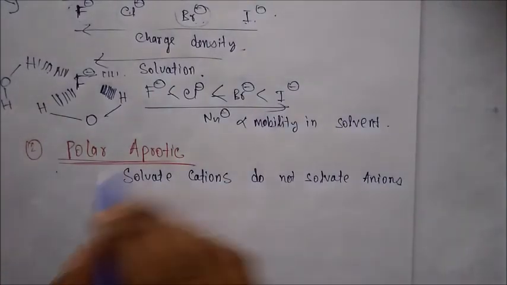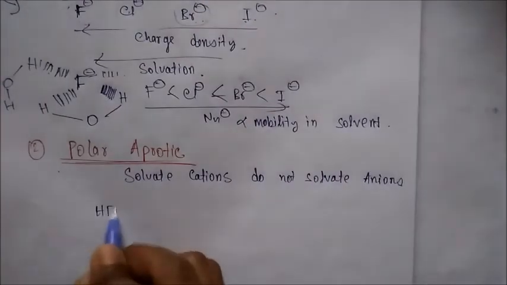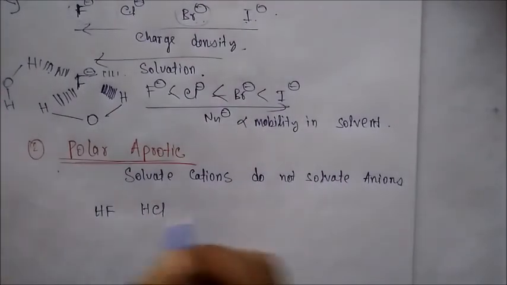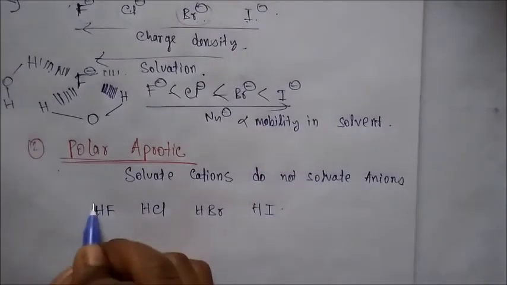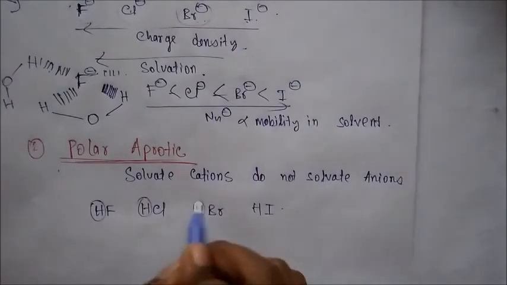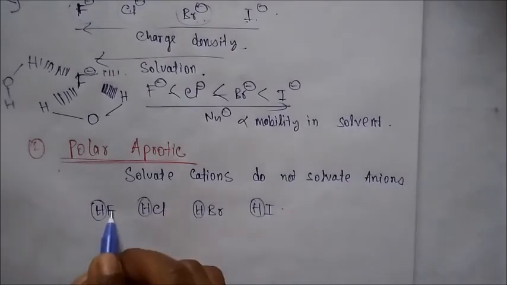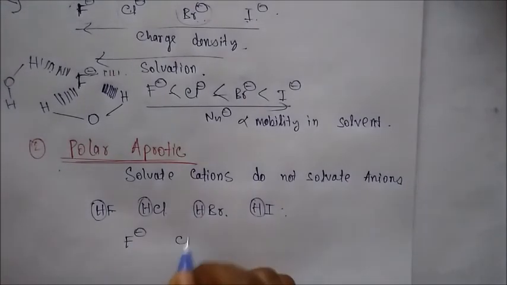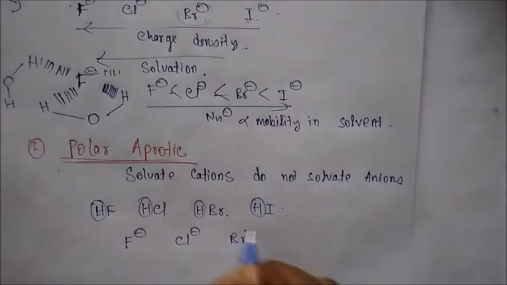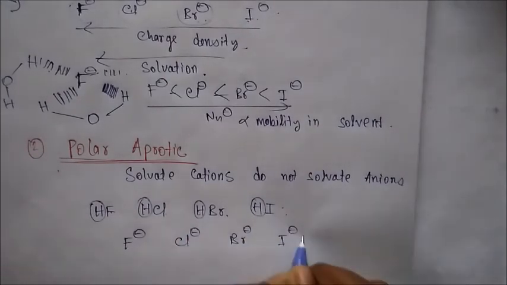So what is happening? We have HF, HCl, HBr and HI. So it is solvating hydrogen. It is not solvating F, Cl, Br, I. So F minus, Cl minus, Br minus remain unaffected.